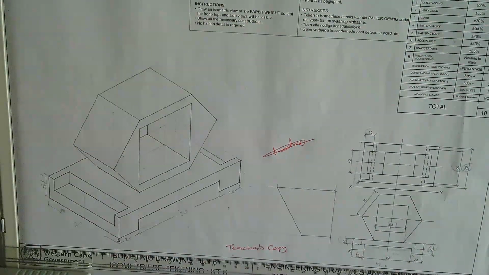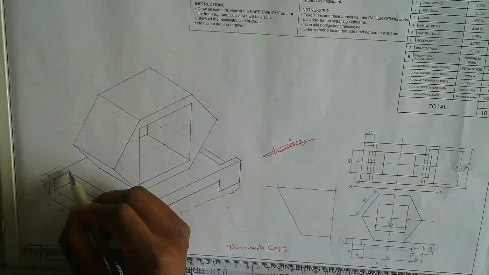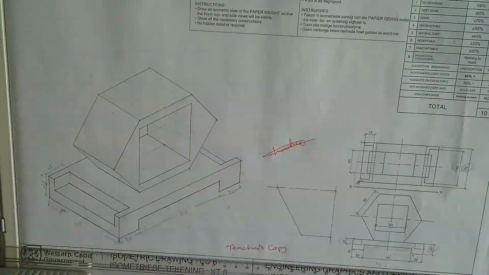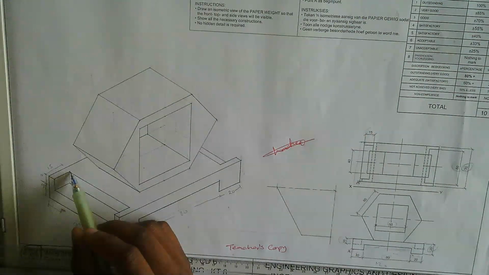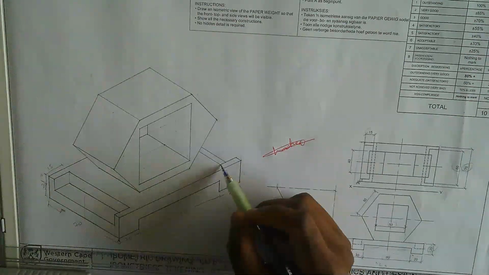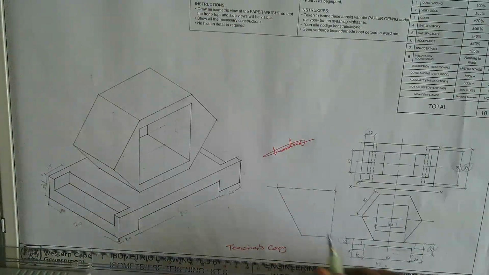That is 10. Then from this point here to join here, that is 15. So from here to go down is 10, from here go down is 10, from here go to the side is 15, from here to here is 15 the same, from here is 15 the same, then from here to up there, that is 120.